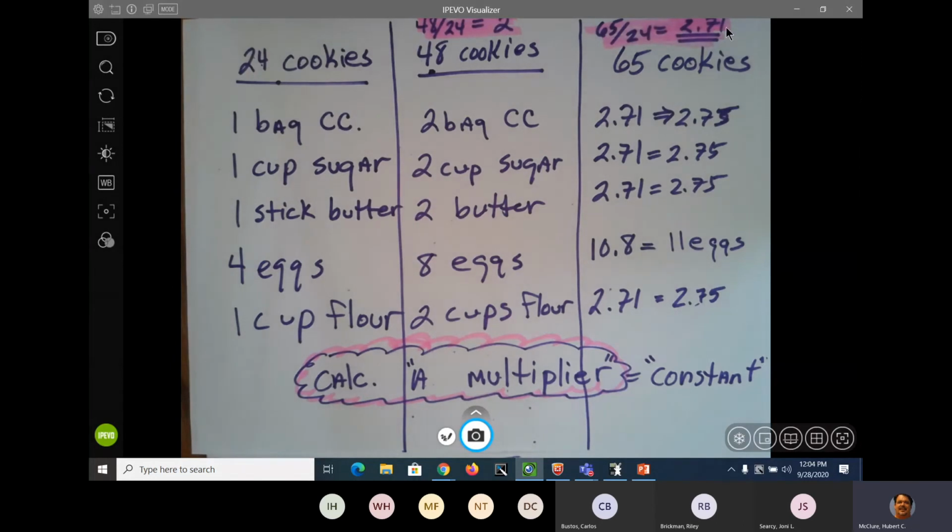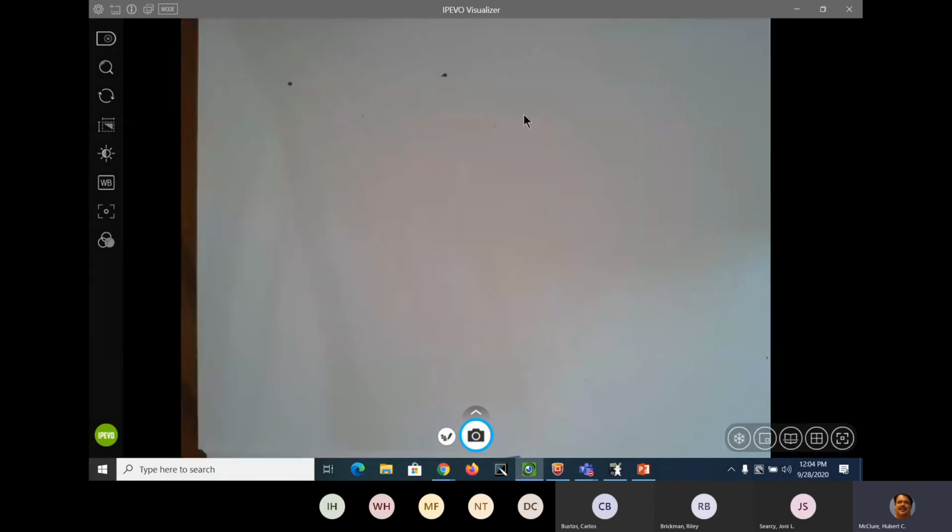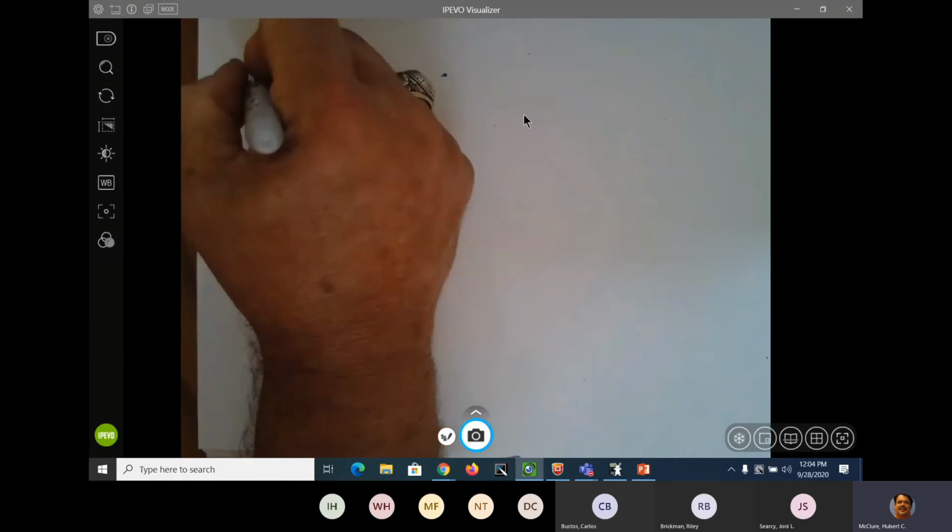So before you learned mathematics, you had to create this 2 right here in order to double it. Here, you multiply by 2.71. So the 2 is the constant with this group, and the 2.71 is the constant with this group. Now, what does that have to do with variation? Variation all revolves around the constant k.